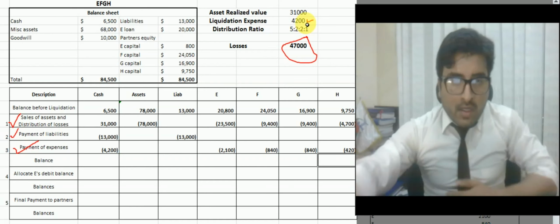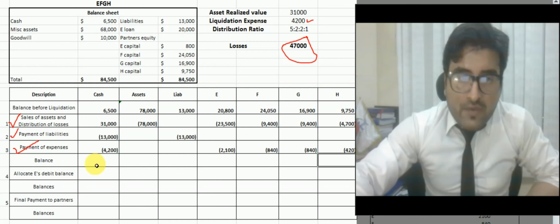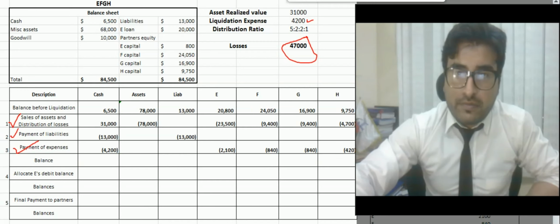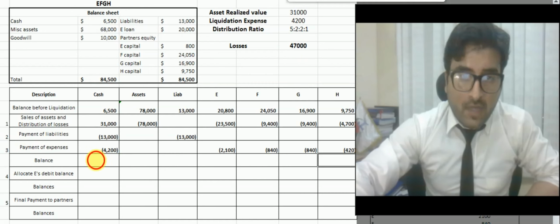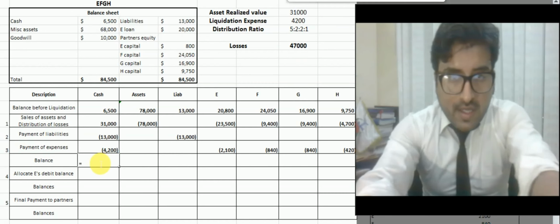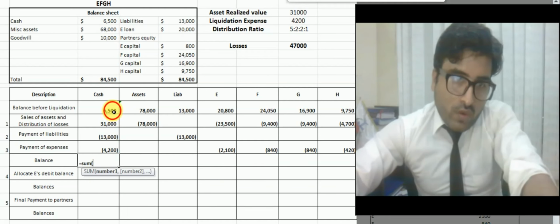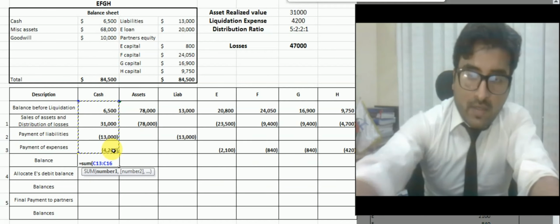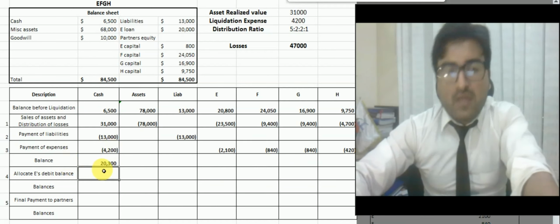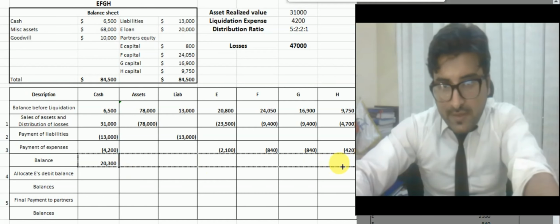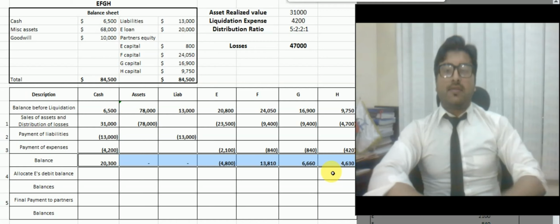Okay, now what we need to do is compute the balances for all of them. Just write equal sign here and sum, take in the range all these values, meaning add them all together. So we have 20,300 in balance, and drag it to the right. Got it?